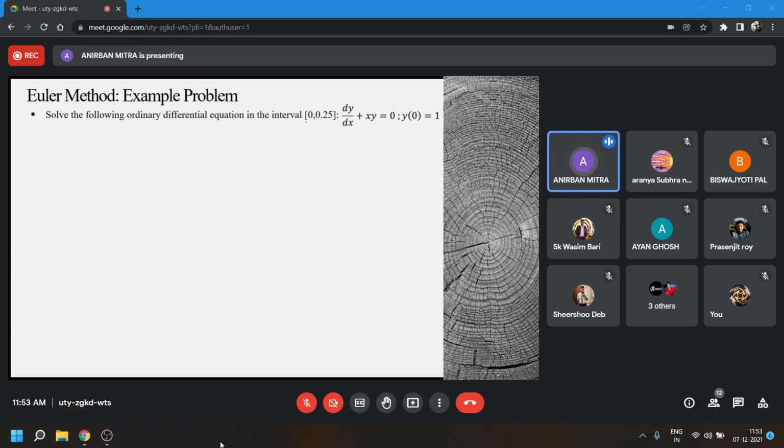The solution interval is provided to us, that is 0 to 0.25. The initial condition is also given, that is y at x equal to 0 has a value of 1. So we apply the Euler method in this interval.